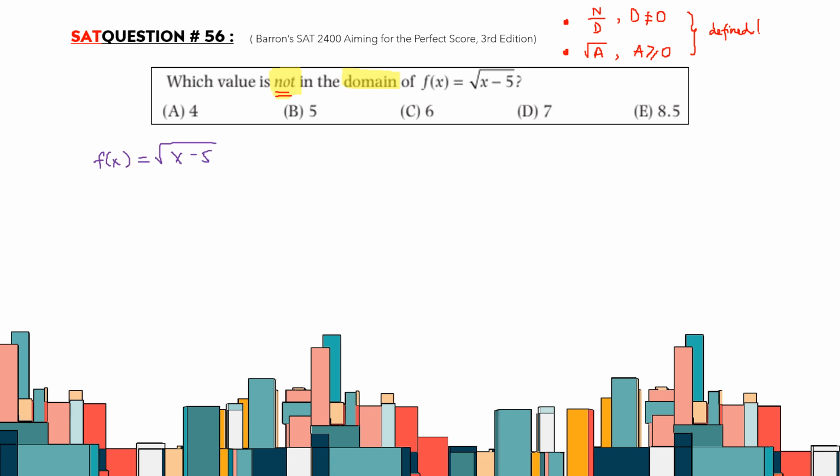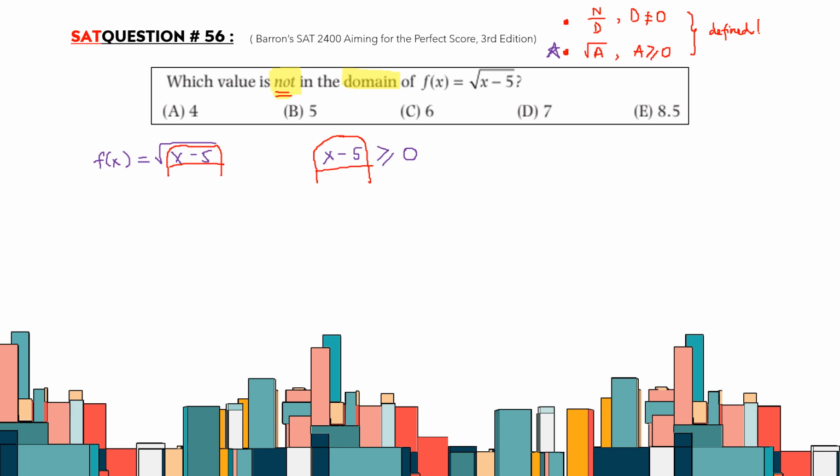So the domain will be x minus 5 greater than or equal to 0. We're working on this one. So a is the whole thing under the square root. That is our a. Okay, a greater than or equal to 0.